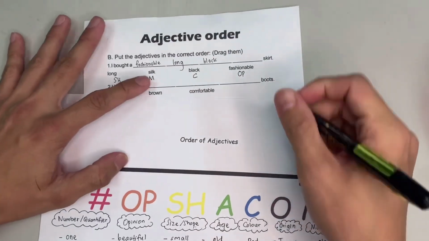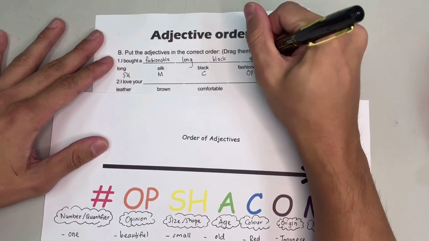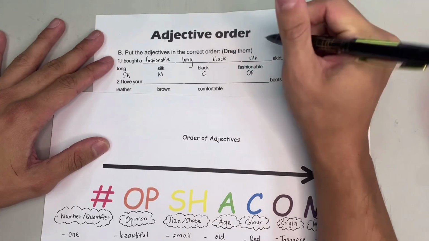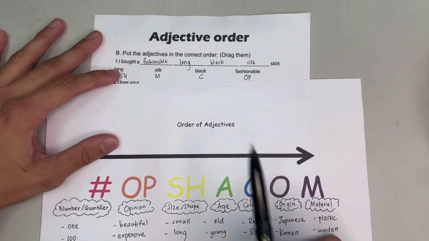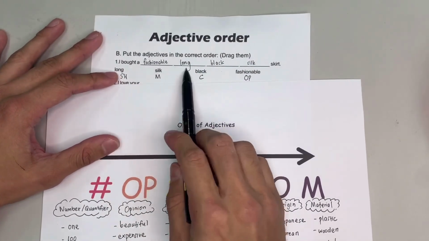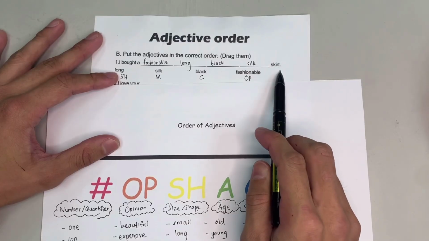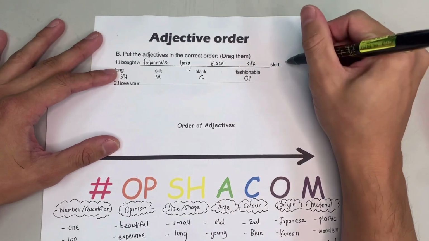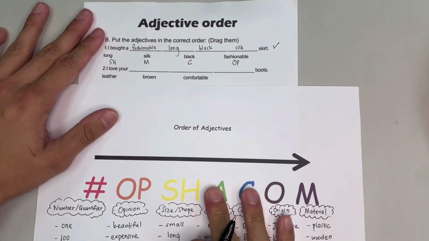And last is the material, silk. Material is always at the end. So I bought a fashionable long black silk skirt. Got it? Good. Let's look at question number 2.